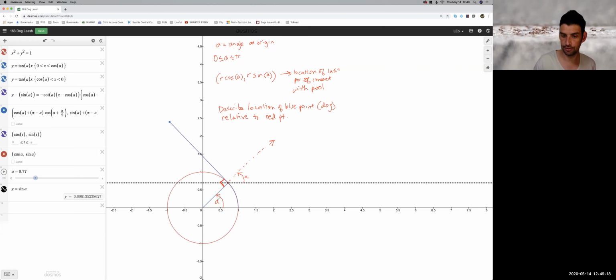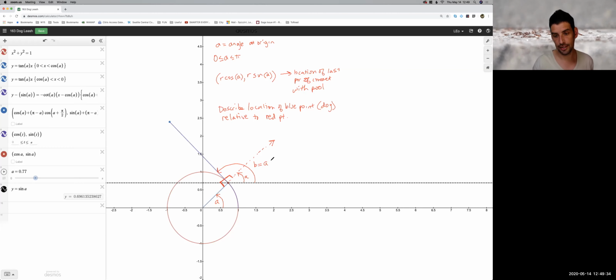So these two angles are going to be the same, A and A. Well, what does that mean? This is a right angle here, so this is also a right angle on this side, which means this whole angle, which was B, is A plus pi over 2.